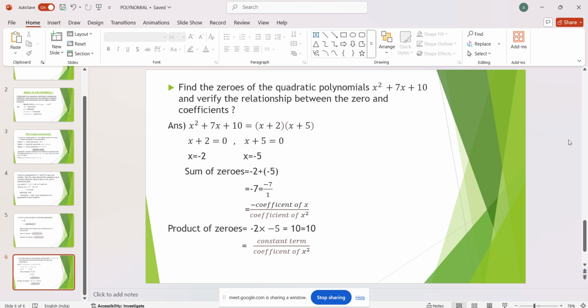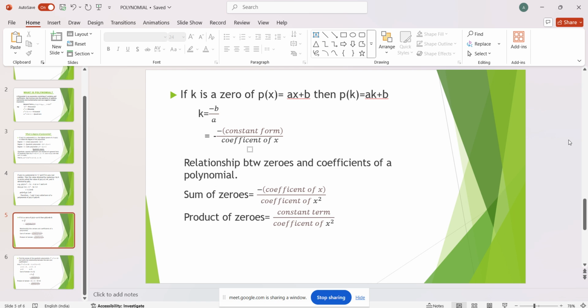This is the relation between zeros and coefficients of a polynomial, which is very important. Sum of zeros equals minus coefficient of x divided by coefficient of x square. Product of zeros equals constant term by coefficient of x square.